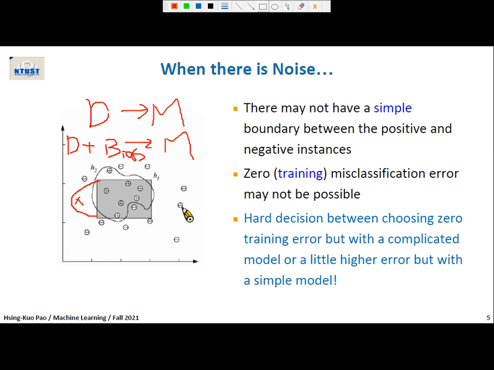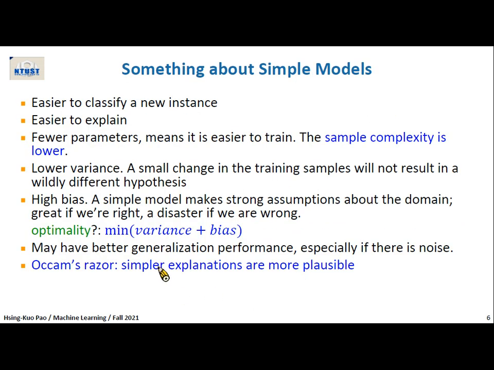There's no statement that can tell us that we must have this model. So what is missing? We have to add something to make it possible: bias or assumption. Got that?